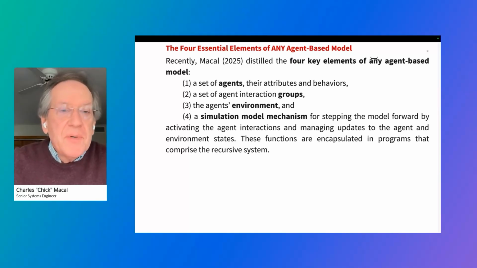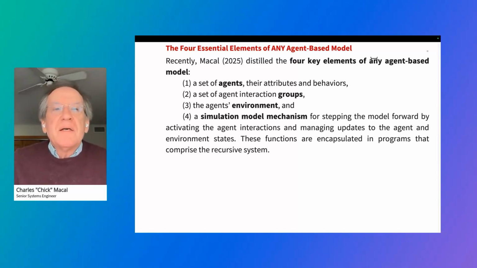Agents could be people, they could be robots, they could be animals who we're trying to model the habits of, things like that. Agents have attributes, which are basically characteristics. So an individual person might have characteristics such as their age, race and ethnicity, gender, things like that, that are key to the kind of decisions that people make that we want to model.